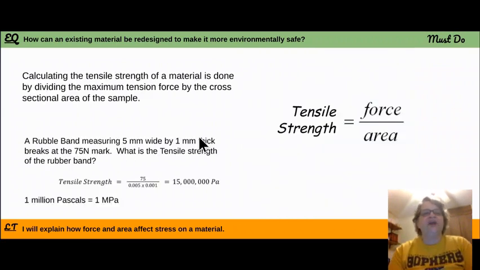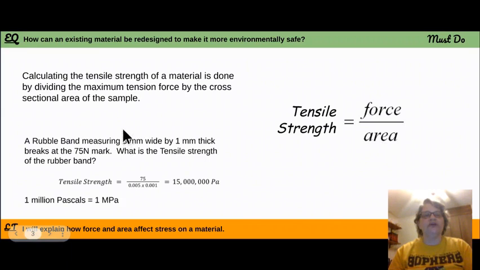Calculating the tensile strength of a material is done by dividing the maximum tension force by the cross-sectional area of the sample. So we find the maximum tension force, and we use our graph to do that. Then we calculate our cross-sectional area and we divide them.